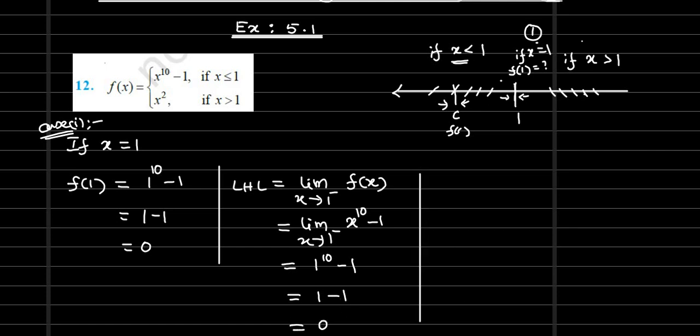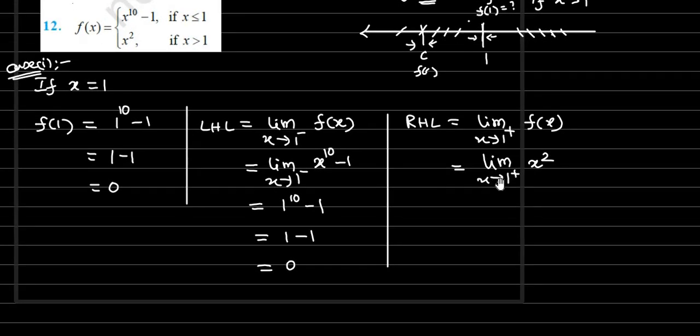Now the right hand side close values of x. The right hand limit: limit x approaching 1 from the right side of f of x. Right side close values of 1 are greater than 1, so we have to use the second function. Let's replace f of x with the suitable function.